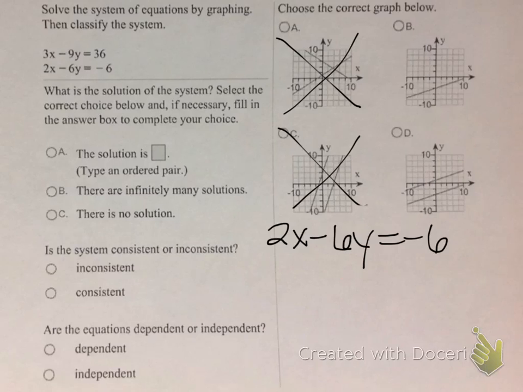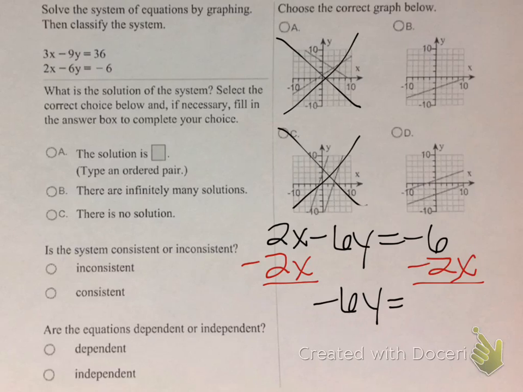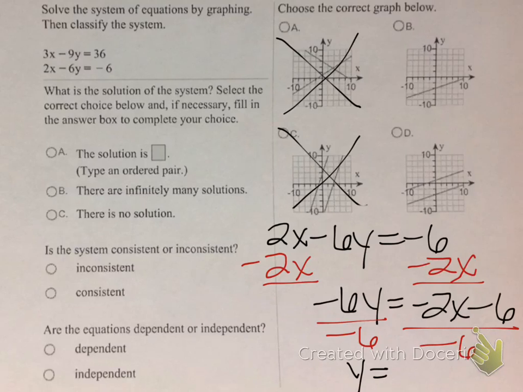So I'm going to move my x term. And that's going to leave me -6y equals -2x minus 6. Divide everything by -6. And that's going to leave me y equals 1/3 x.